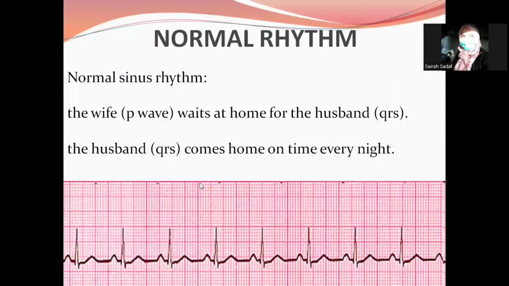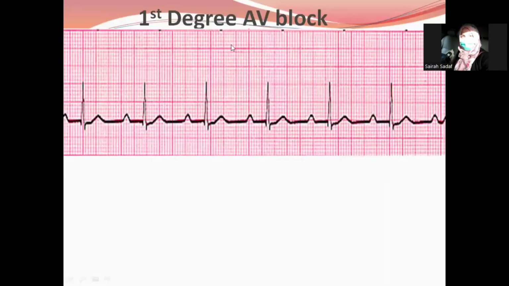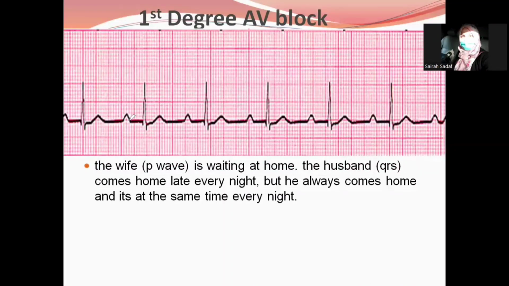Now, let's go to the other slide. That is the first degree AV block. Just look at these waves as the characters of a story. The P wave, wife. This is the QRS complex, the husband.